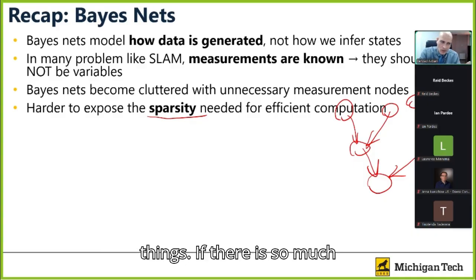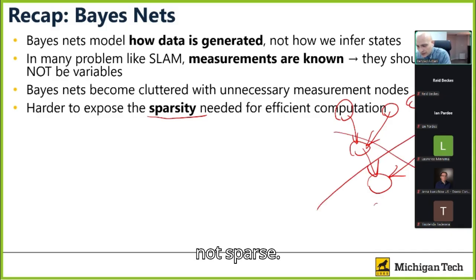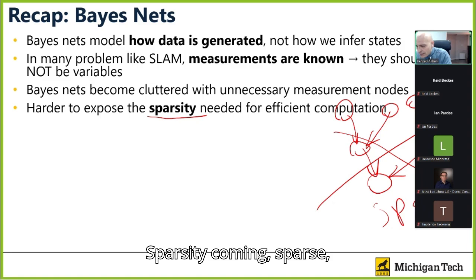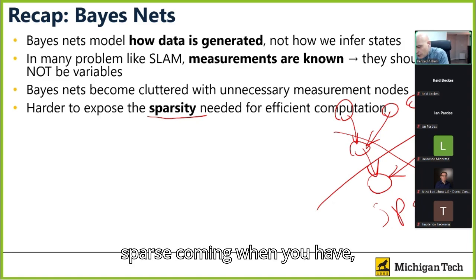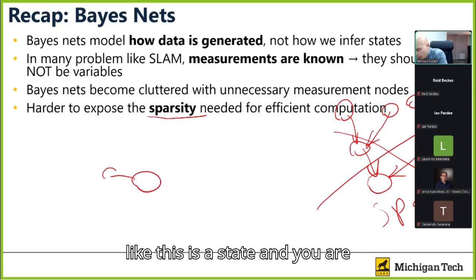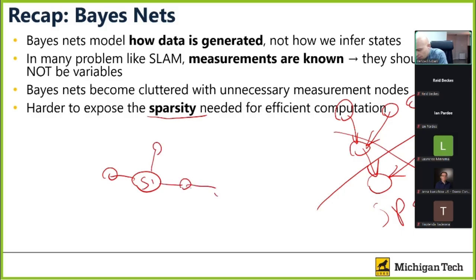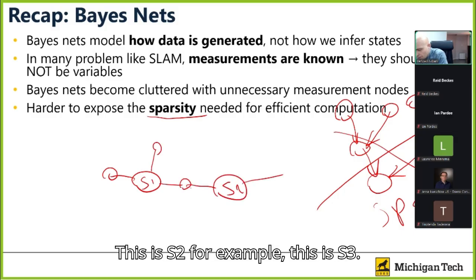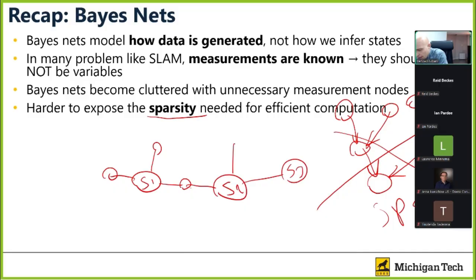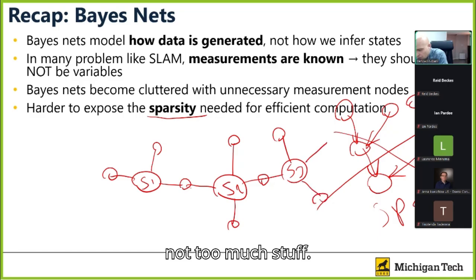If there is so much relationship between things, this is not sparse. Sparsity comes when you have, like, this is a state and it is related to just multiple things. This is S2, for example, this is S3. You are just related to a few things, not too much stuff.